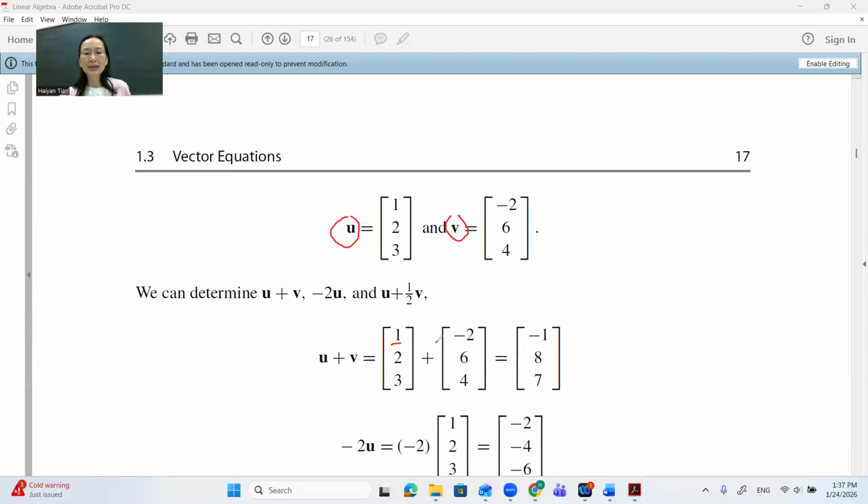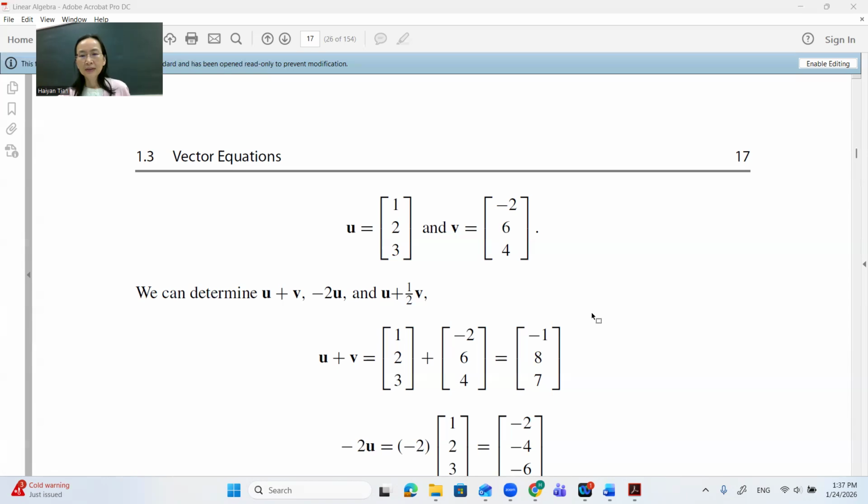We just simply add the corresponding entries. Then 2 plus 6, which is 8. 3 and 4, which is 7. So we add corresponding entries. What do we get? We get a new vector as a result of this operation of two vectors.